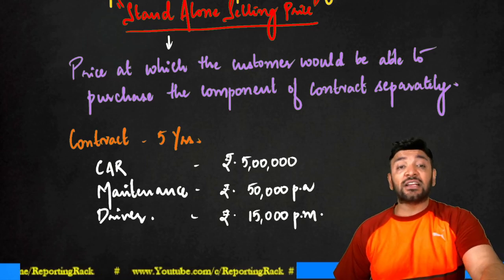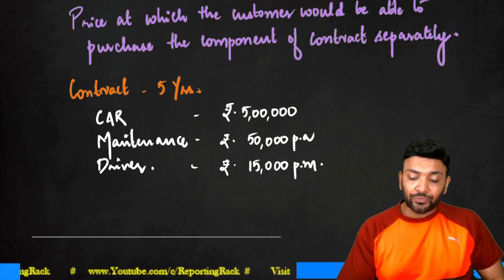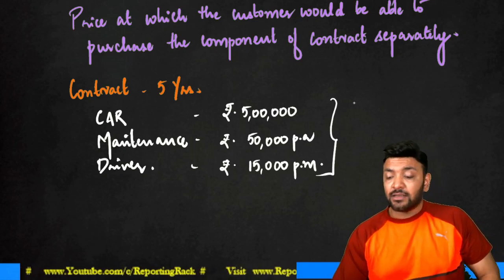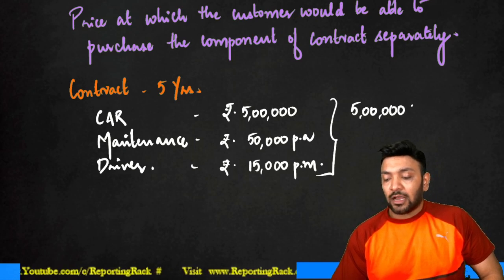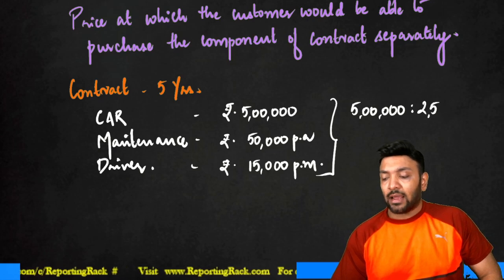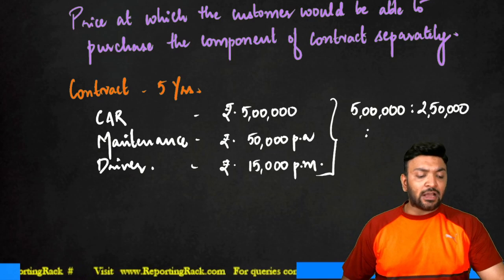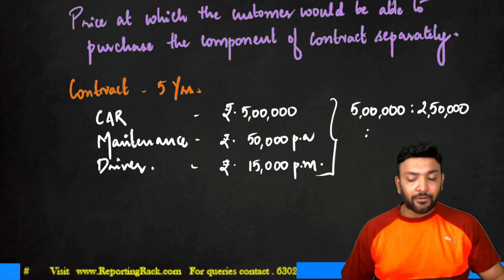What is the ratio of their standalone selling price if I have to consider? If I consider all the 3 on a per annum basis, then the car is 5 lakhs. The maintenance, 5 years at 50,000 rupees, is 2,50,000. The driver, 15,000 into 12 into 5, is 9 lakhs.